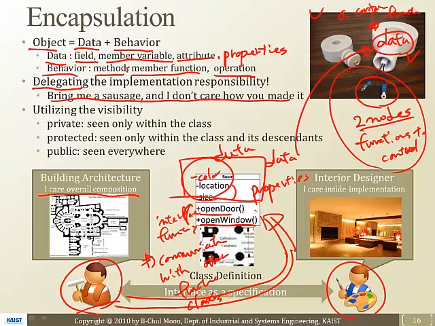And we have these visibility settings: private, protected, public, and things like that. In MATLAB, we can specify these, but I'm not going into details about this at this level.